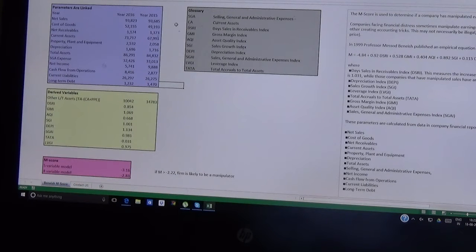But before understanding this model, we would like to take one thing into cognizance: such models may or might not be very accurate, because they are always probabilistic in nature. Suppose tomorrow you take the data of Genpact, Cognizant, TCS, Infosys, or any big company, and put this data into this model. You can never be sure.